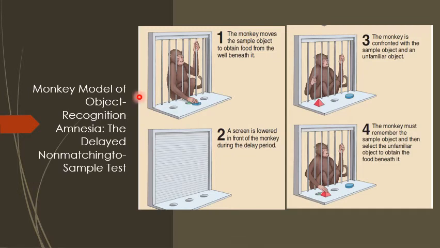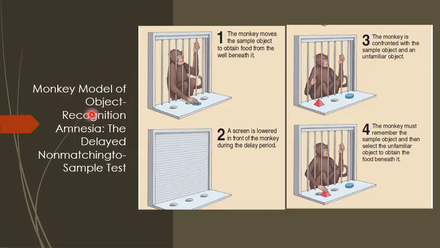Okay, so now let's go to some models using animals in studying amnesia or memory. As I mentioned a while ago, studying memory really involves animals because it's unethical to do it on humans.